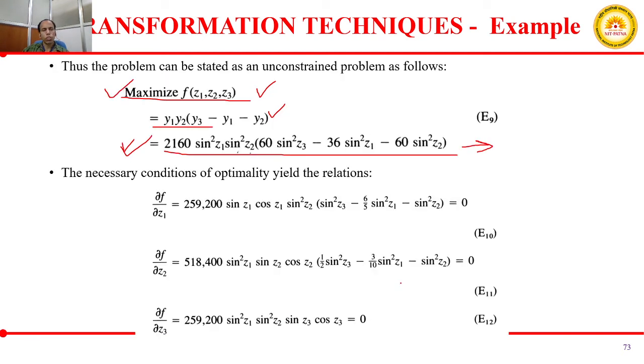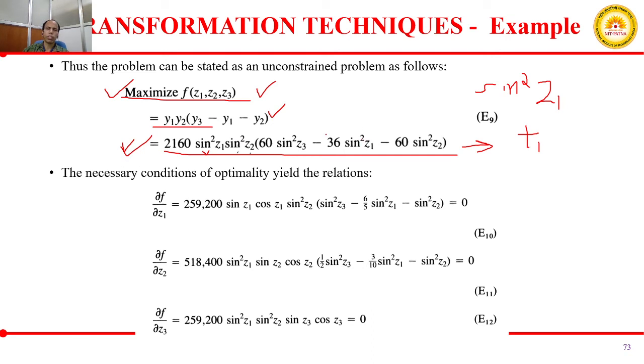Okay, so here also you can convert this constraint problem. For simplicity, instead of sin square z1 you can take some value like t1, t2 and t3.